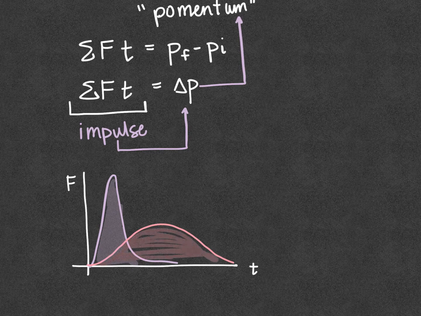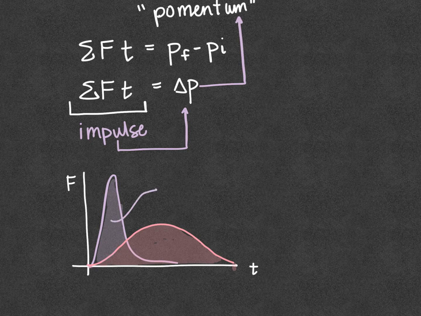So I can get the same area for these different shapes, but because the force is lower under the pink curve, a longer time allows a smaller force to cause the same change in momentum, or the same impulse.